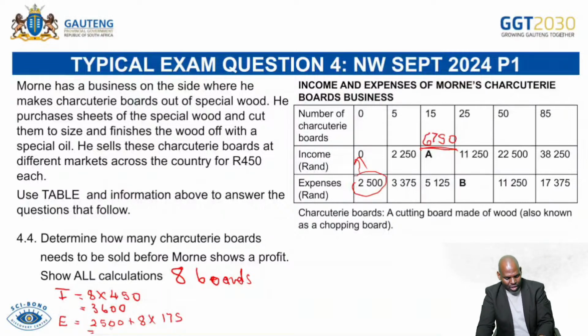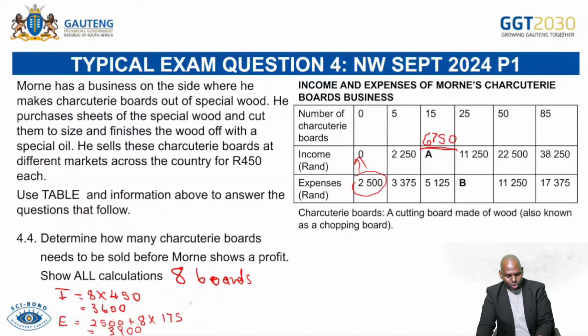Then I'm getting 3,900. So in this case, you can see that the income and expenses are still not equal. Expenses are bigger than the income, so that one is a loss. It's not a break even.